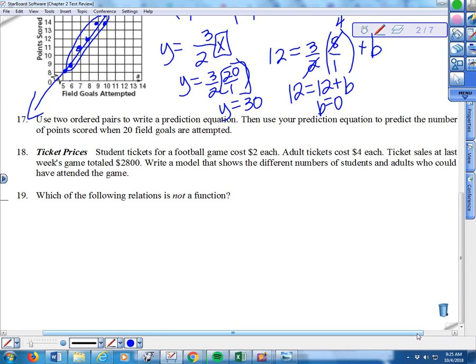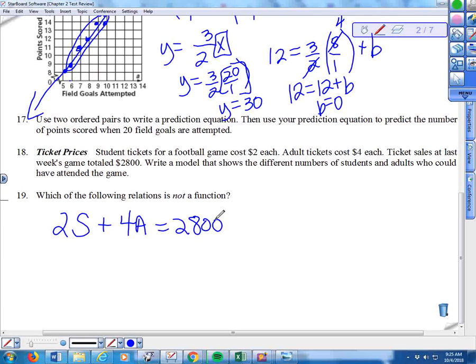Let's call students S, so S times $2 plus, let's call the adults A, 4 times A equals 2,800. I don't have enough information to solve it because they didn't tell me anything about the number of tickets sold. So that's as good of a model as I can get.